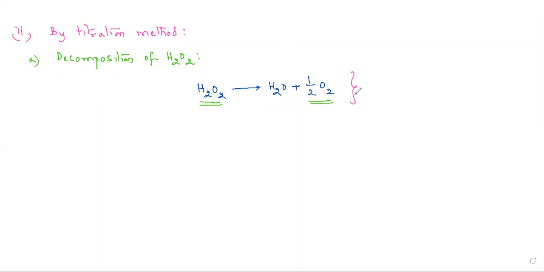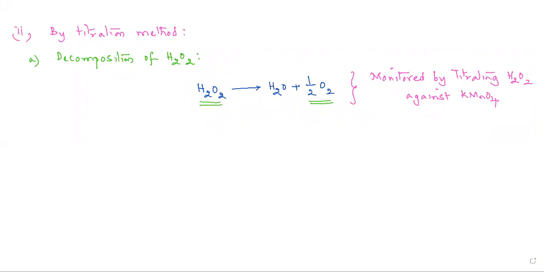The progress of this reaction is monitored by titrating the hydrogen peroxide against potassium permanganate. So this makes it very interesting.